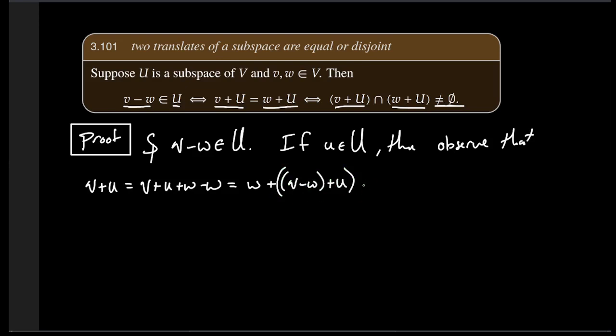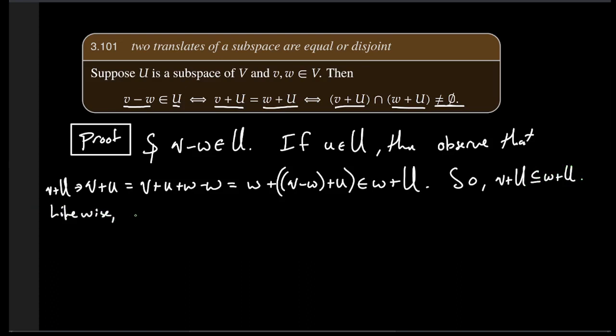That thing is in U. So this is in w plus big U, in that translate. So we took an arbitrary element in v plus big U, and we got something that was in w plus big U. So v plus big U is in w plus big U.